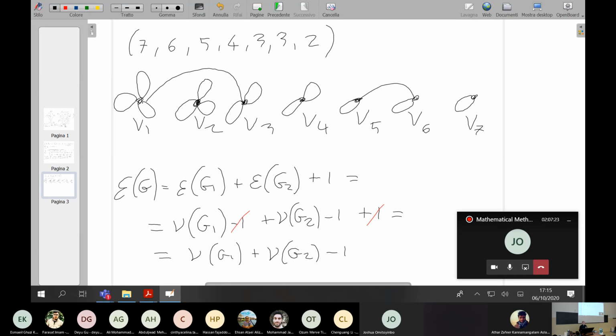But what about the number of vertices of G? When we take away edge UV, we do not take away any vertex. So all vertices of G are either in G1 or in G2. And so this is actually n of G minus 1.